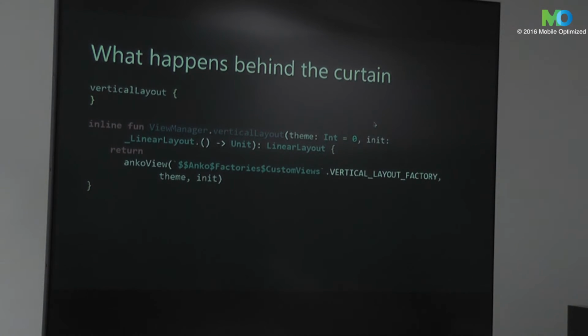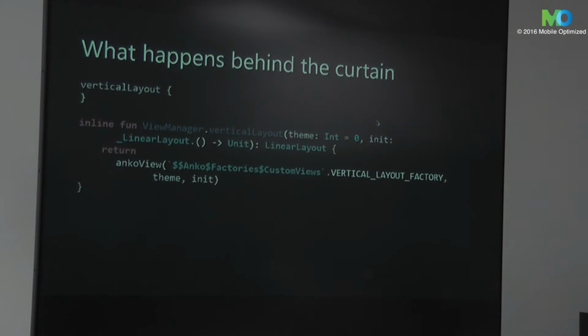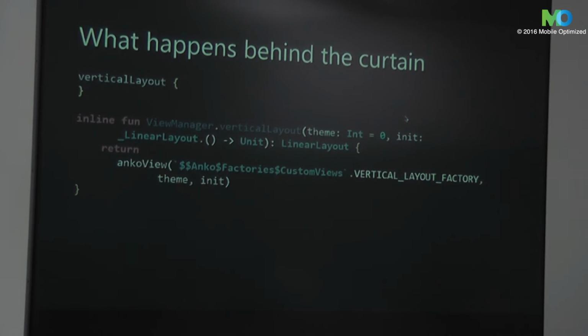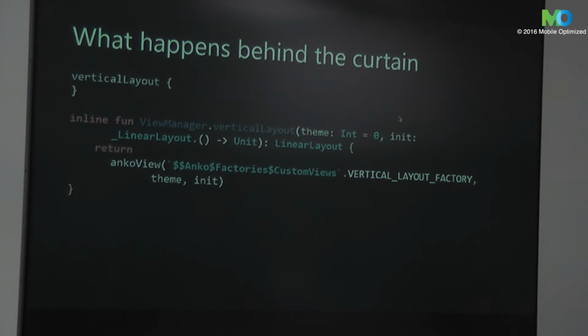So you can write this vertical layout in a lot of places, in your activity, in your view groups, in your special context, but not everywhere. And when we are writing it, this is a method, and it has two parameters. One is a theme, so we can theme our views.